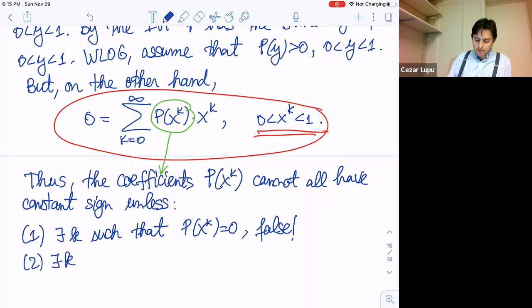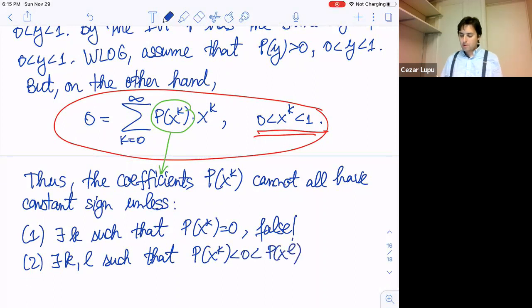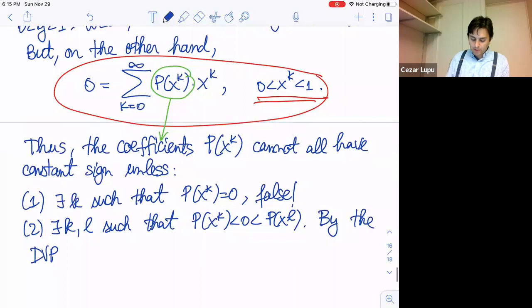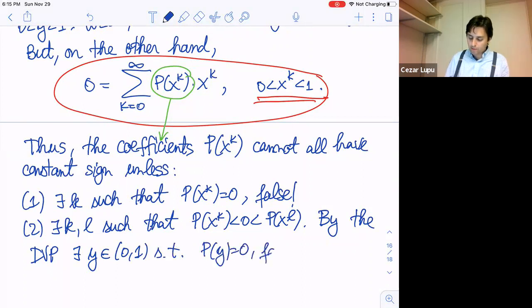So there exists a k and an l such that P of x to the k is less than 0 and less than P of x to the power l. But again, by the intermediate value property, there exists a y between 0 and 1 such that P of y will be 0. Again, false. It's a contradiction.